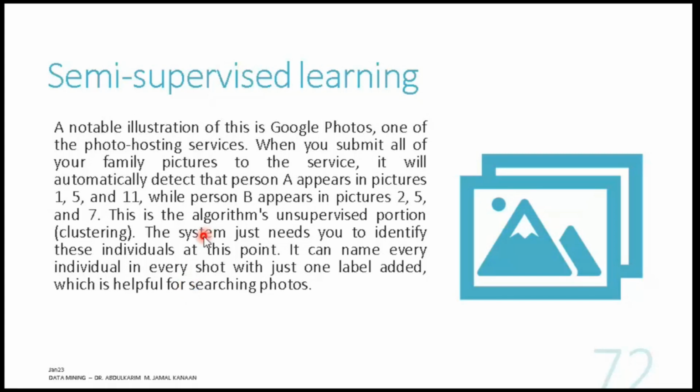This is what it says here: now you need to identify this individual at this point. Once you identify them, saying this person is my friend, this person is my son, this person is my student, then it can name every individual in every shot with just one label added, which is helpful for searching photos. When you search, you don't need to go to every photo and say, this is me, this is me, this is me.